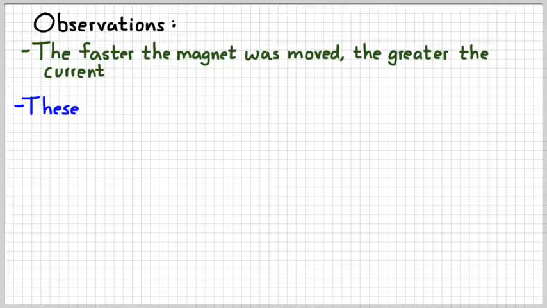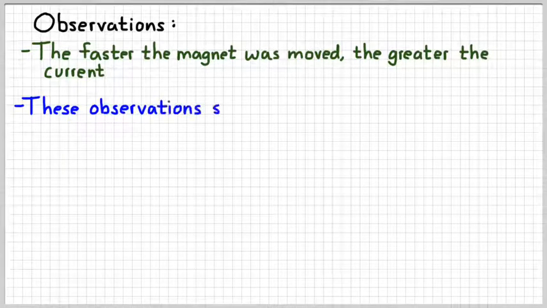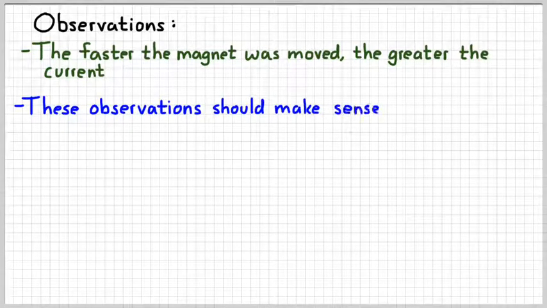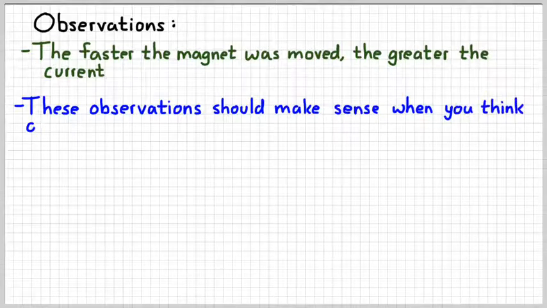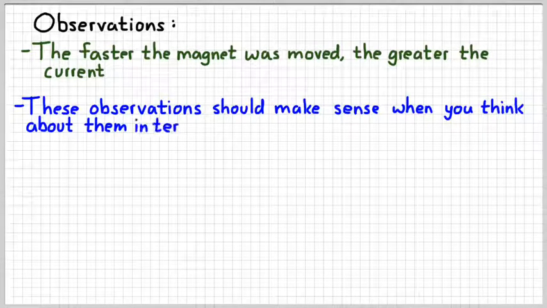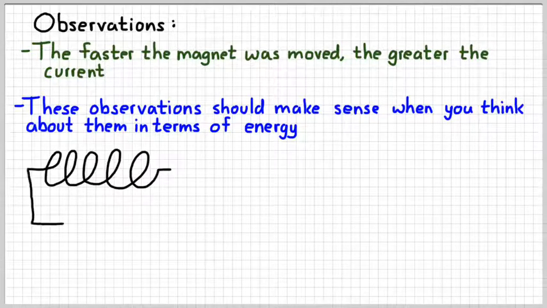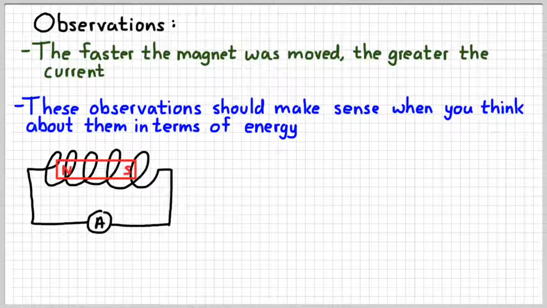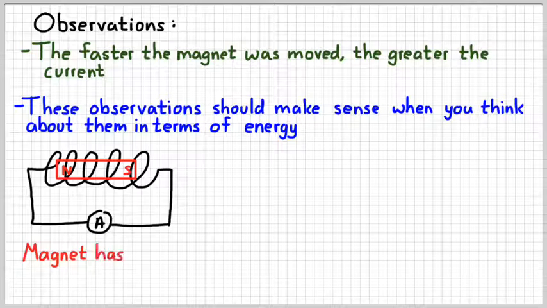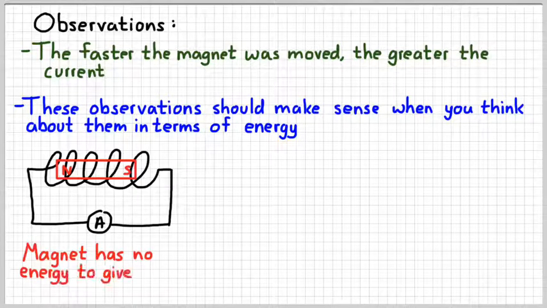And so that and the other observations should make a little bit of sense to you. It should not be surprising that the magnet being at rest does nothing, if you think about it in terms of energy. Remember, energy is a big arcing concept. We can use it to explain whatever is applicable. So in this situation, when the magnet is still, the magnet has no energy, and therefore it has no way to do any work on those charges. And so it can't create a current because it can't make the charges move.